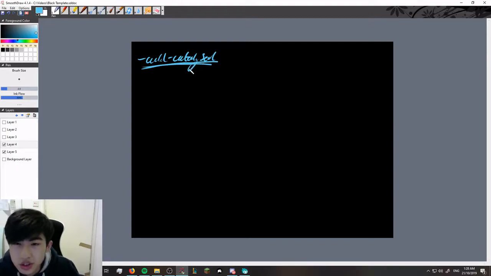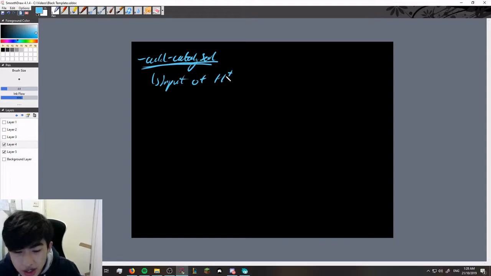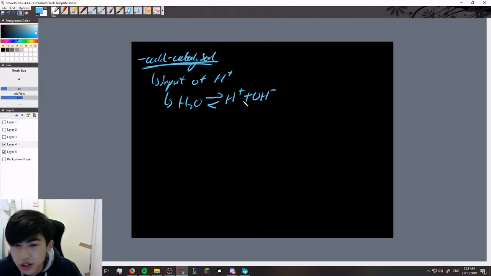The difference here is that because it's acid catalyzed, there's going to be an input of H plus ions, and we get this from an acid. We know that when it dissociates in water, it gives out H plus ions, so we call those Arrhenius acids. If we wrote this out as part of the natural dissociation of water, we have H2O, reversible reaction, forms H plus and our hydroxide ion, OH minus.